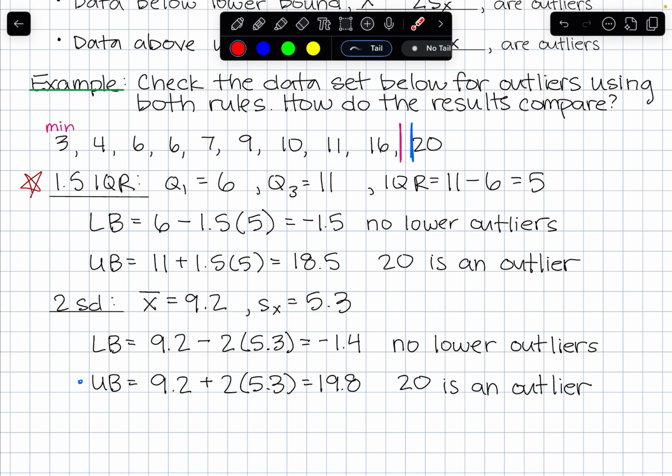In our class, we're going to default to the 1.5 IQR rule, because generally if I'm checking for outliers, I suspect that they're there. I see something in my graph that makes me worry. And when I have significant outliers, the median and IQR are better measures of center and spread. So that's the rule I would use.